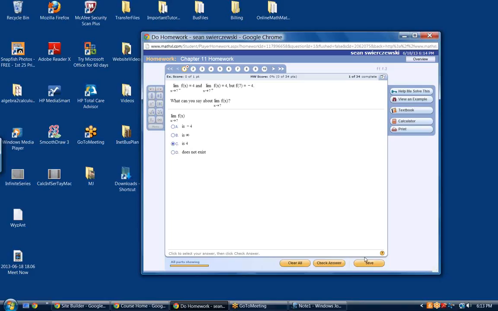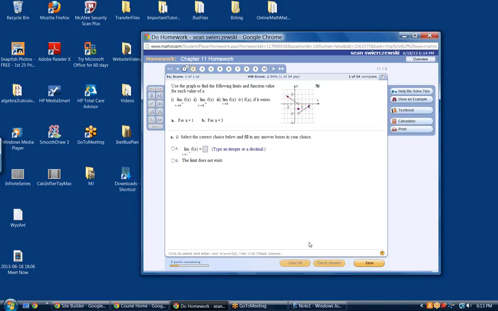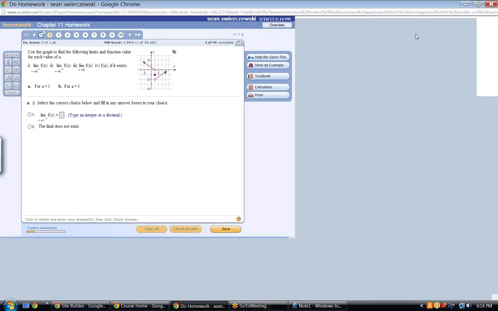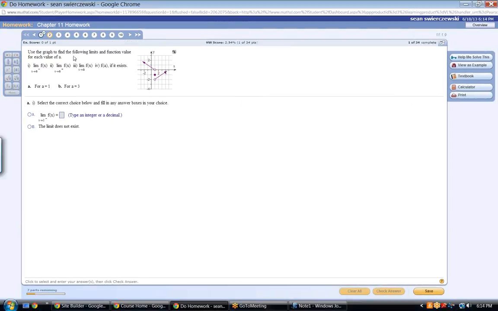How do we go on to the next one? Yeah, you just do check answer. Now, does it put 2 up automatically, or do I have to click on it? You have to click it. Okay. Can you see this? Because I might be able to increase the size of this thing a little bit. What happens if I go full screen here? Doesn't change the size.